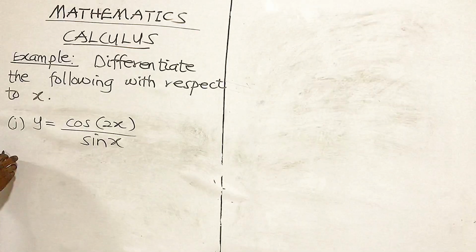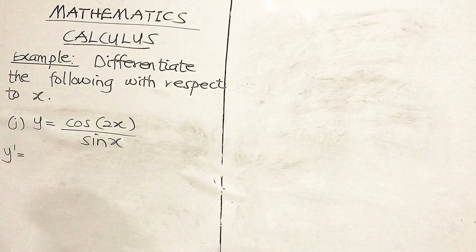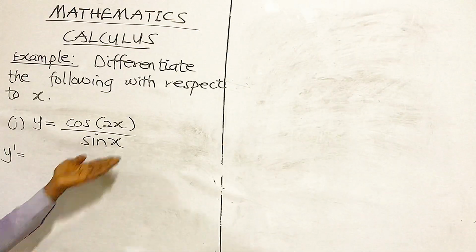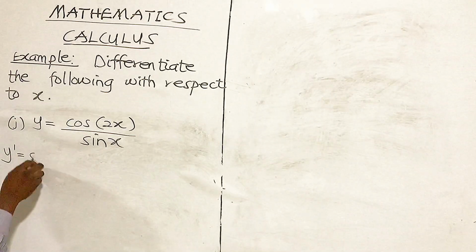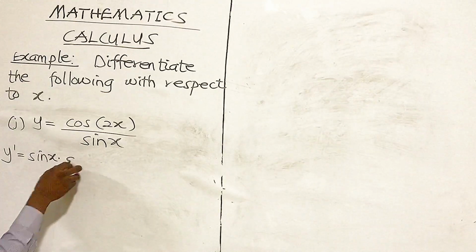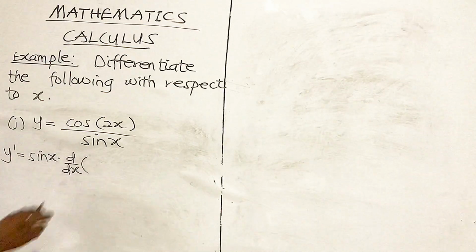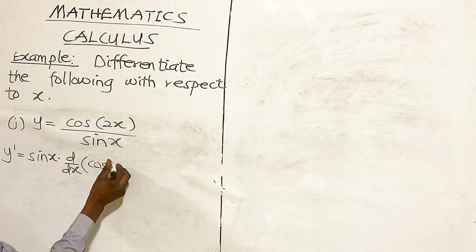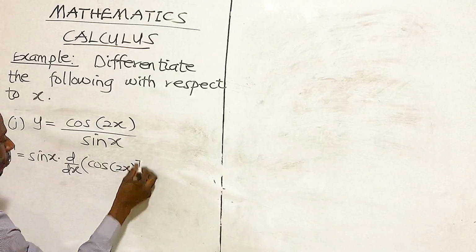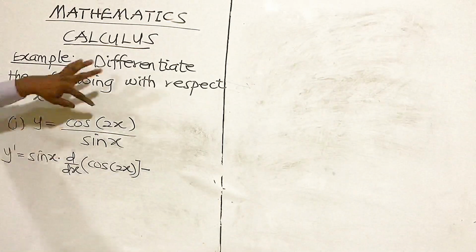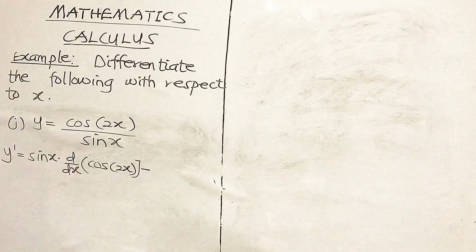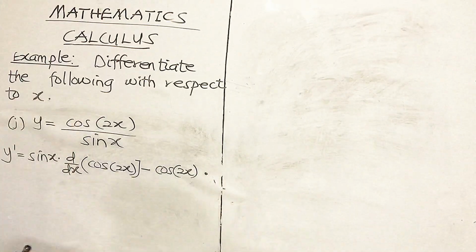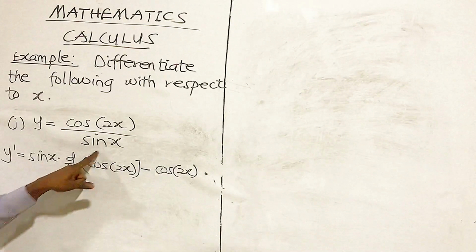So now we have y prime to be equal to, I will first of all maintain the denominator, which is sine x, multiplying the differential of the numerator, which is cos 2x, minus, then I will now maintain the numerator, which is cos 2x, multiplying the differential of the denominator.